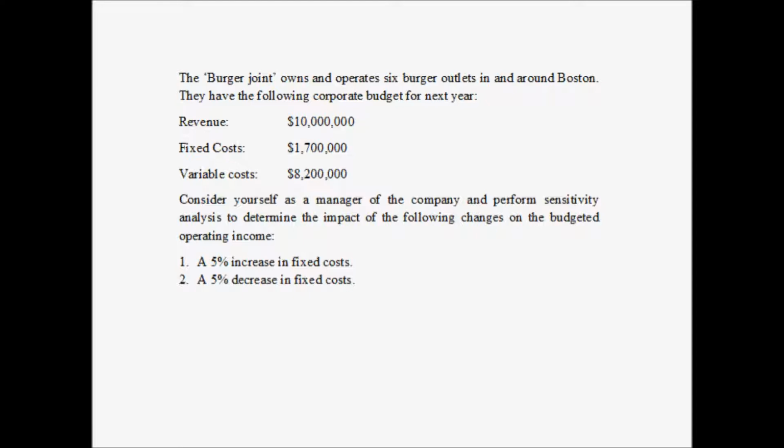Now definitely, by just looking at this, we should be able to say that if your cost increases, your income has to reduce, and if your cost decreases, your income has to increase. So let's do the actual calculations to find out the impact on the budgeted operating income.